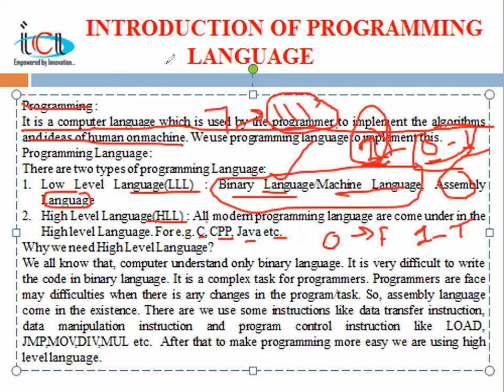In this way we can find the binary number of any decimal number. Suppose we have 9: 1 0 0 1 is the binary code of 9.